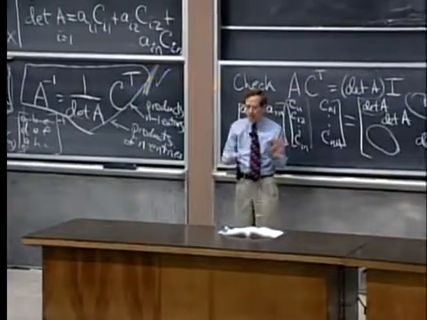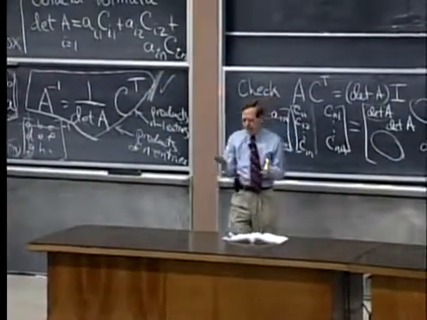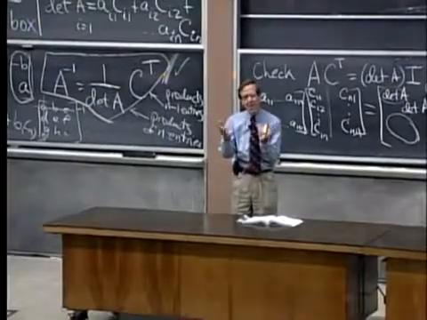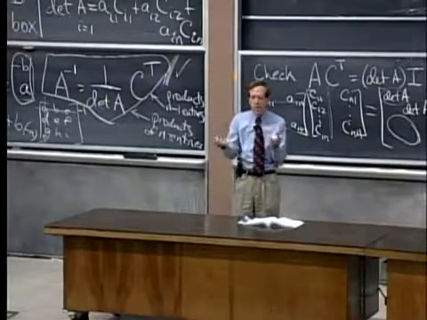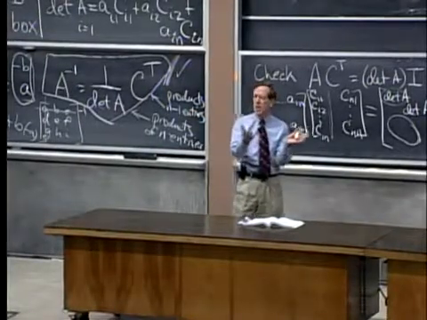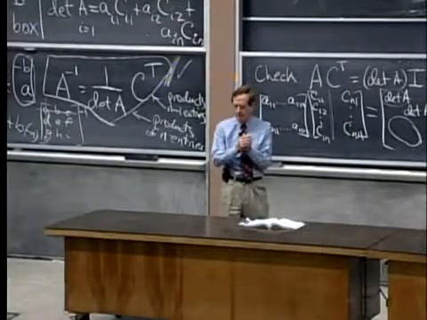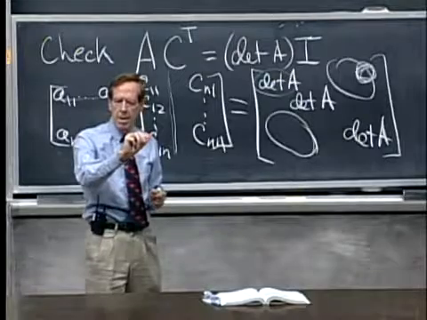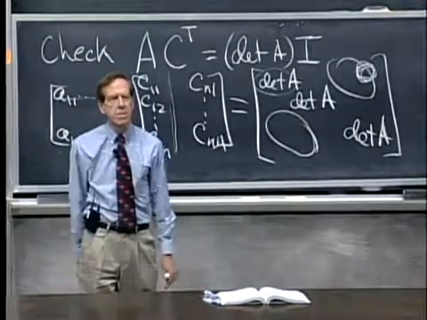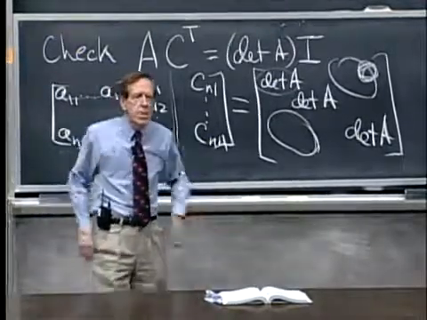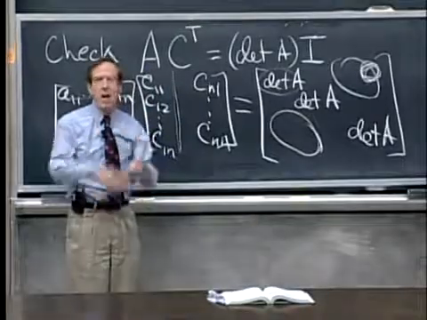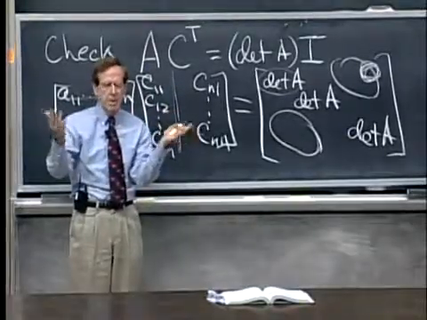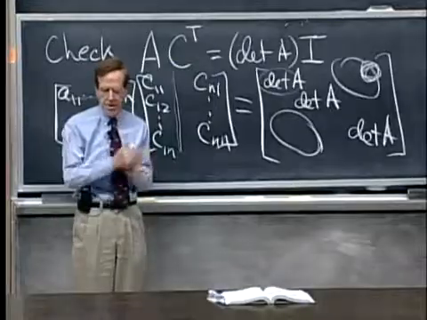And, of course, I can invert now. I can see what happens and answer questions like this. Suppose I have a matrix, some nice non-singular matrix. It's got an inverse.